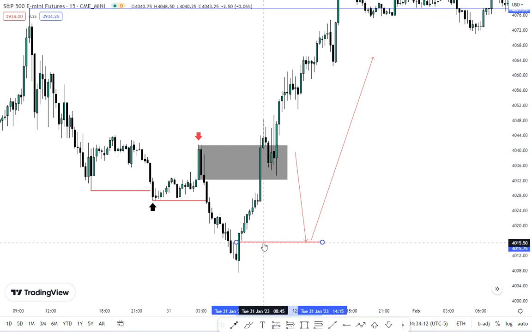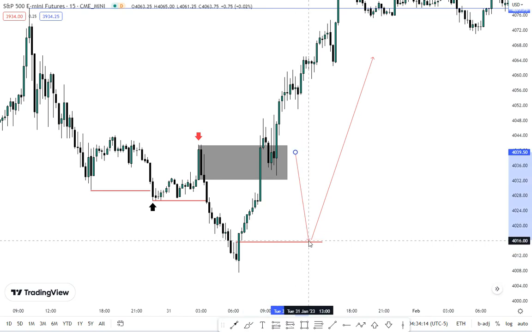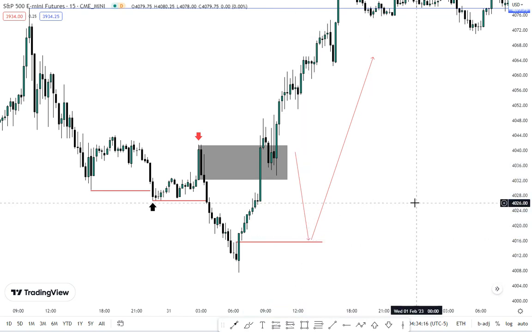The PDRA matrix. The PDRA matrix will be taught in the mentorship. It is actually categorized from the strongest PDRA to the least strong PDRA in terms of retracement.